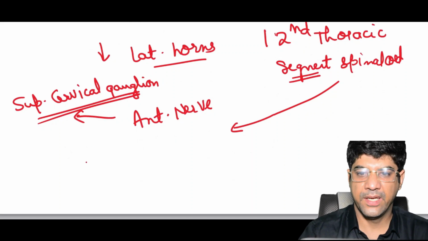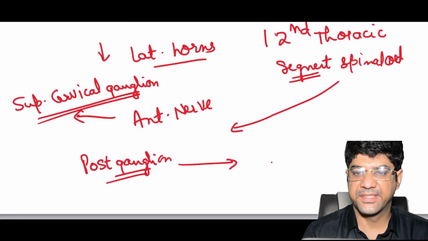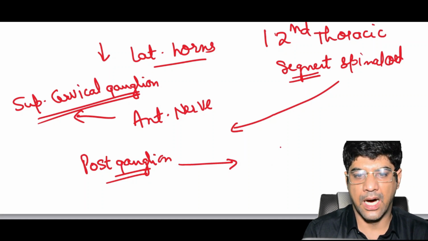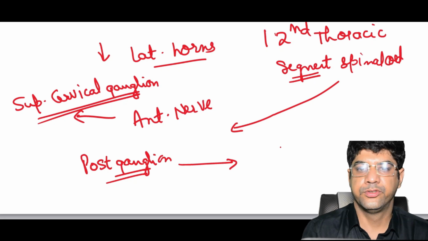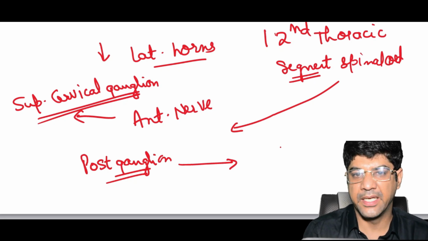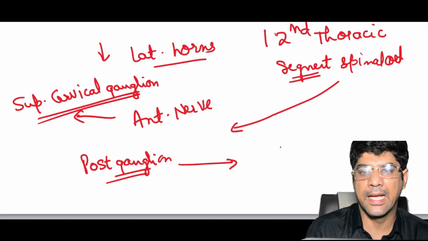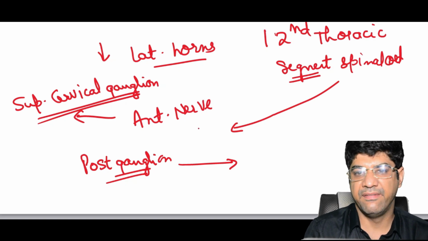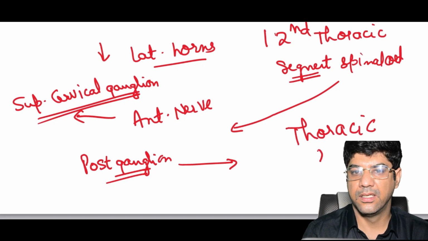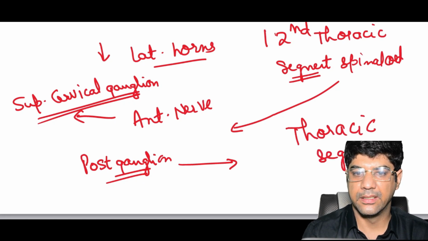The postganglionic fibers from this ganglion are distributed to the salivary glands through the nerve plexus surrounding the arteries that supply the gland. So from which segment of the spinal cord do the sympathetic preganglionic fibers to the salivary glands originate? It's the thoracic segment.